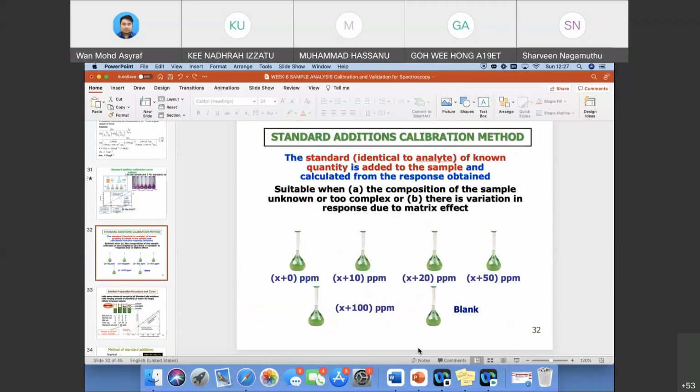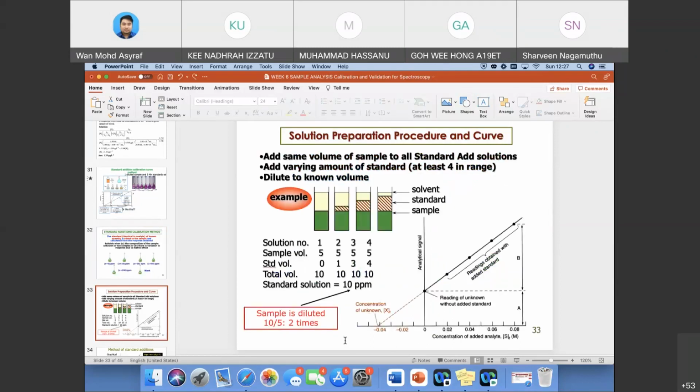The 10 here is the volume of the standard. It is not a different concentration. When you look at this one, the standard solution is at 10 ppm. So you use that 10 ppm, but different volumes, into each of the standard addition samples.